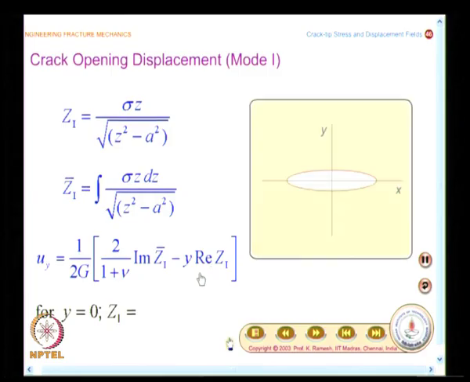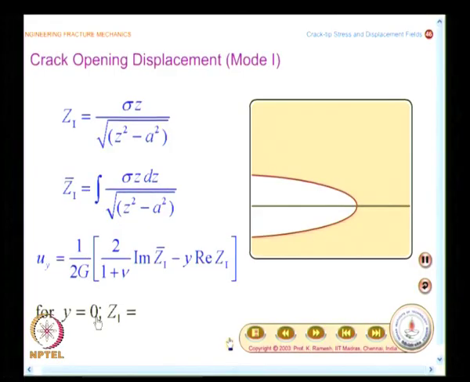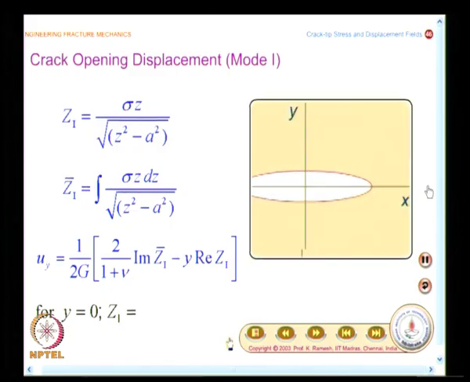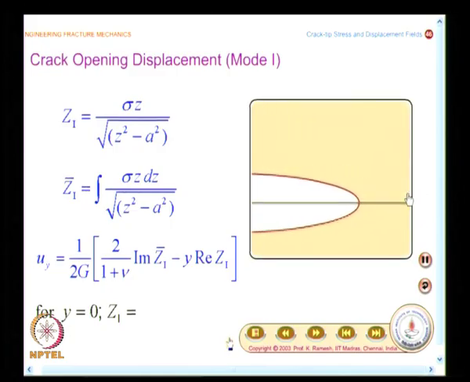One of the students came and asked me yesterday after the class was over that you had said y equal to 0, so how are you getting COD? The confusion was that y equal to 0 specifies the complete crack axis, within the crack as well as outside the crack. But what is implicitly assumed in our development is that we confine our attention only to the crack length from minus a to plus a.